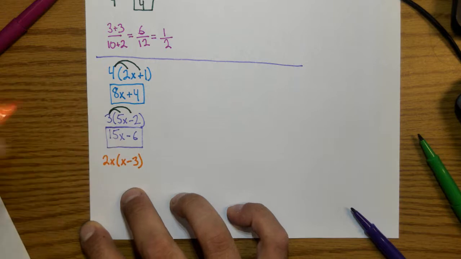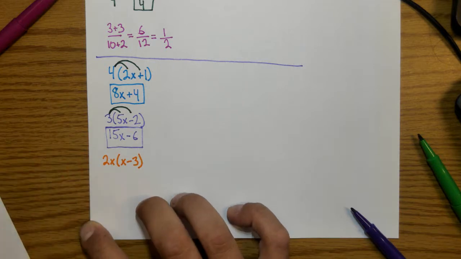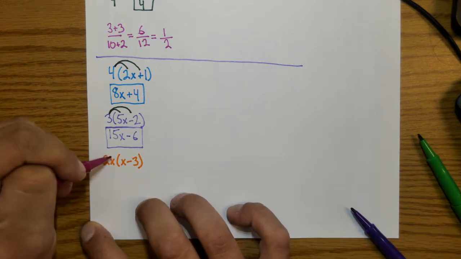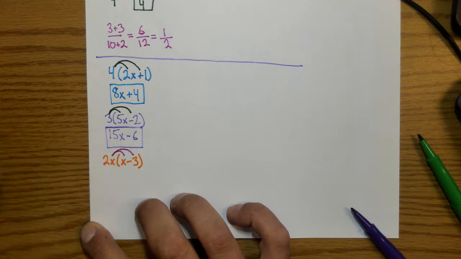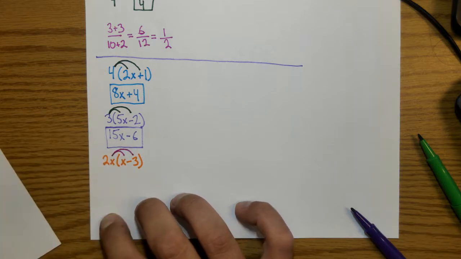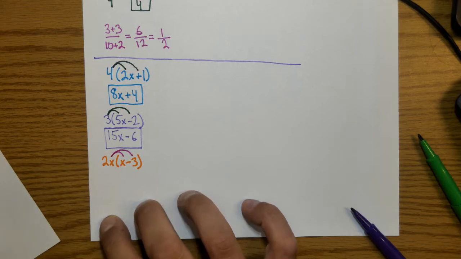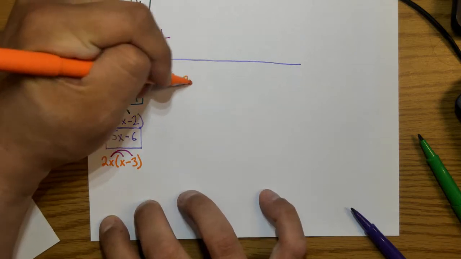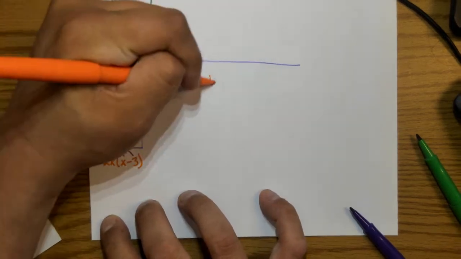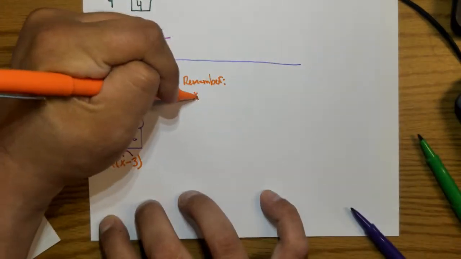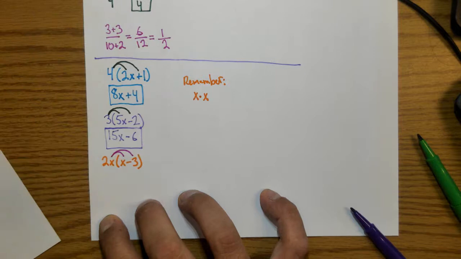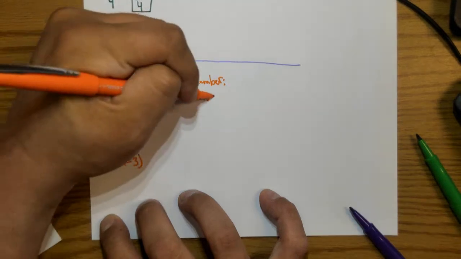So notice that when we distribute this 2x, we're going to be multiplying two x's together. Let's remember what that looks like. So let's write a little note for ourselves off to the side. Remember, x times x, if we remember, is going to give us x squared.